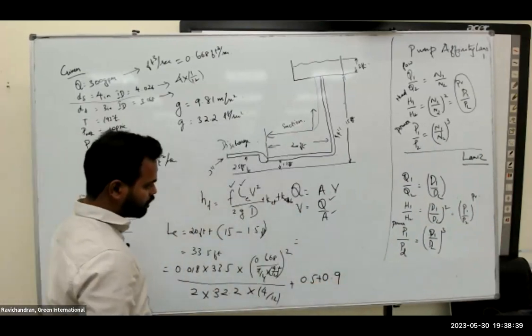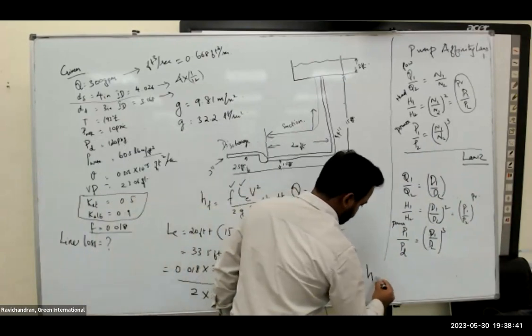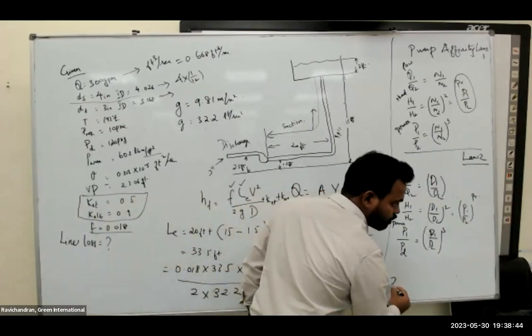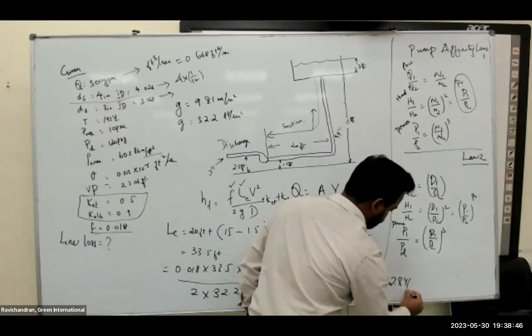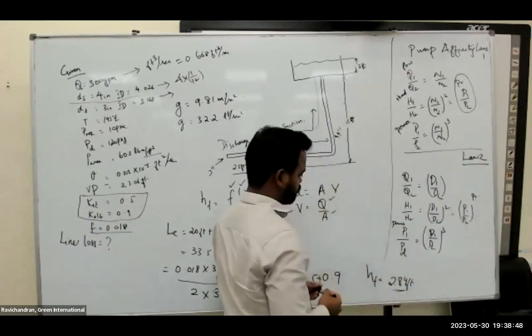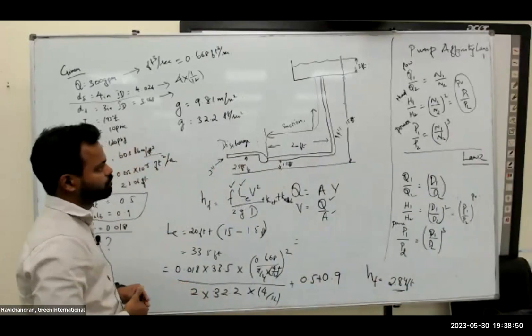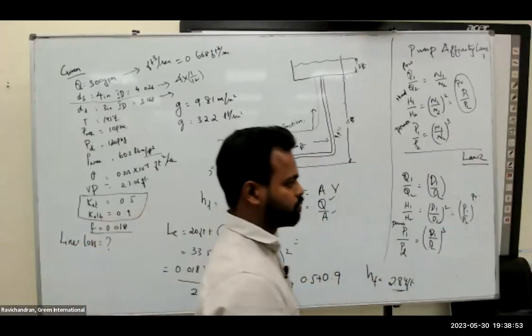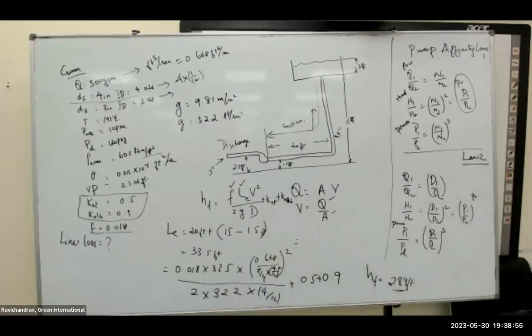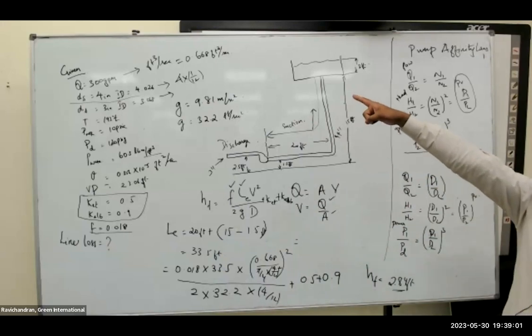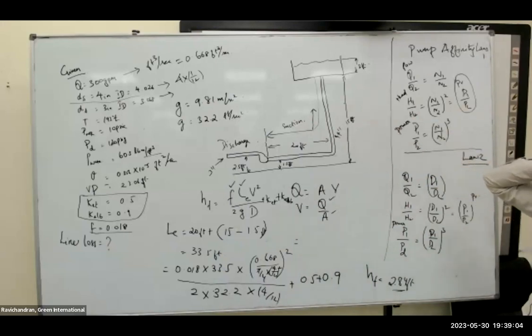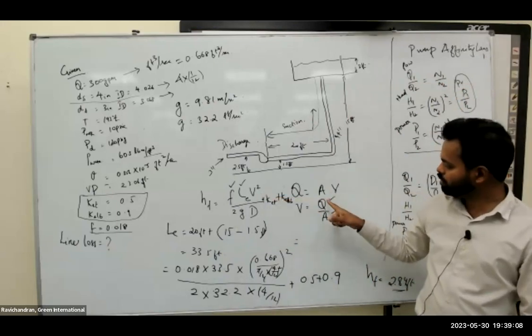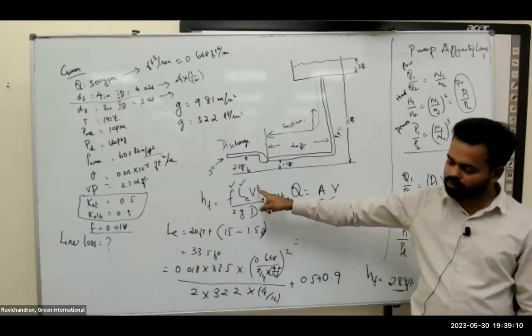So altogether you will get HF is equal to 2.84 feet. It is cubic feet. 0.60, not horsepower. Q over A. No, actually it is V is equal to Q by A, but it is V square, right?